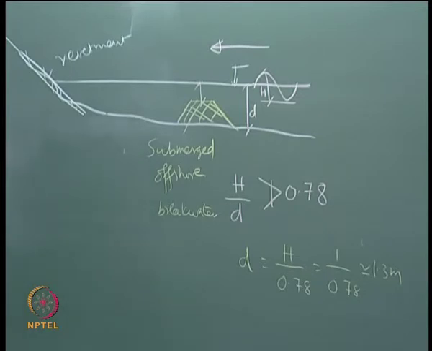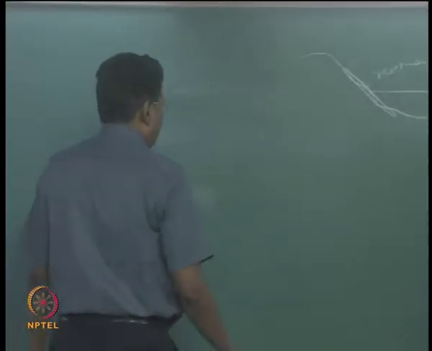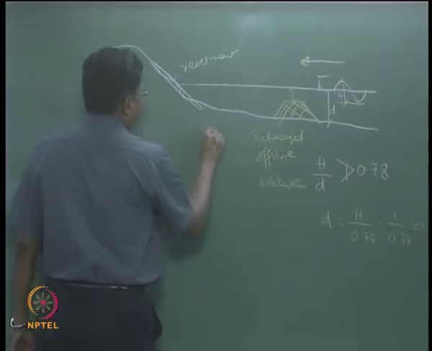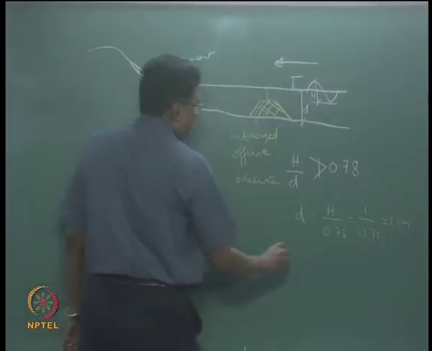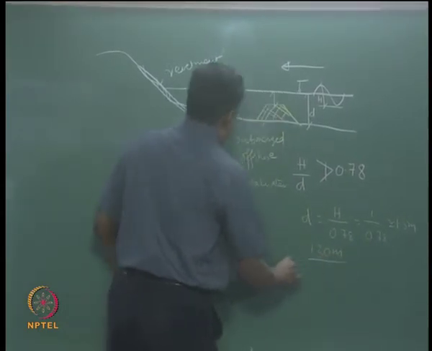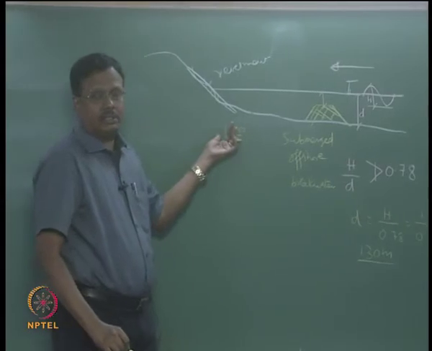It is clear, no? Where the water depth is about 1.3 meter from the shoreline, generally the slope of the beach will be about 1:100. That means 1.3 meter water depth will be available at a distance of 130 meter. The beach slope is 1:100.